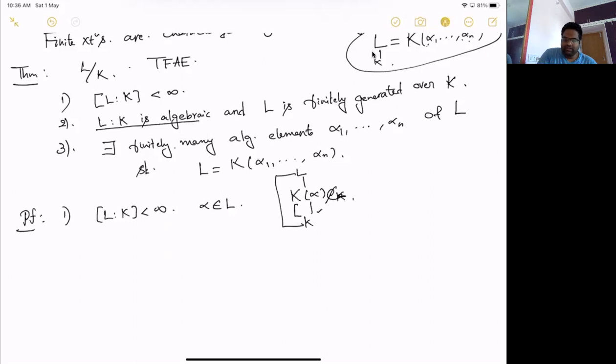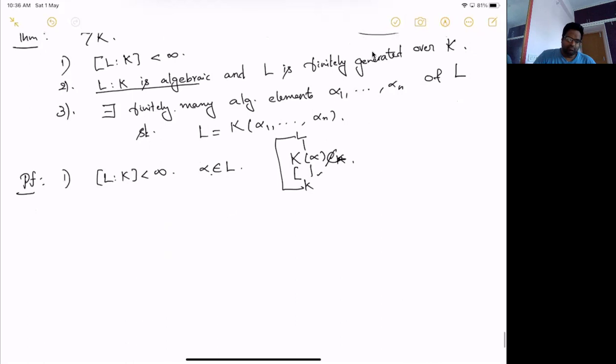But if this is finite, it follows that alpha is algebraic over K by the previous fundamental theorem. This is an important theorem. Since alpha is a general element, every element of L is algebraic over K, and therefore the extension L over K is algebraic. So that is the first part of the second point.